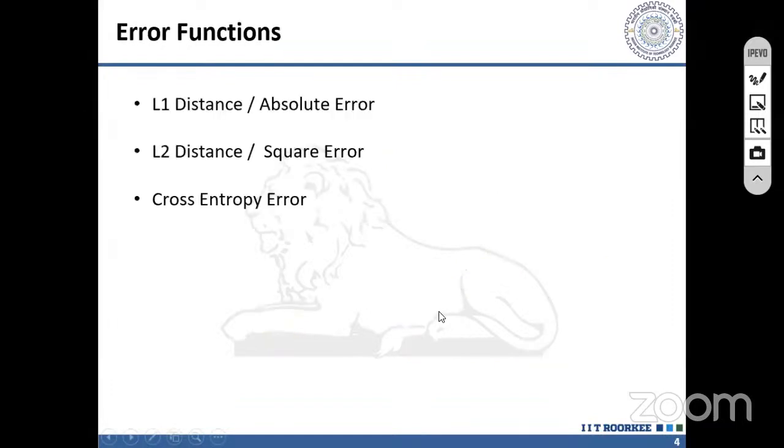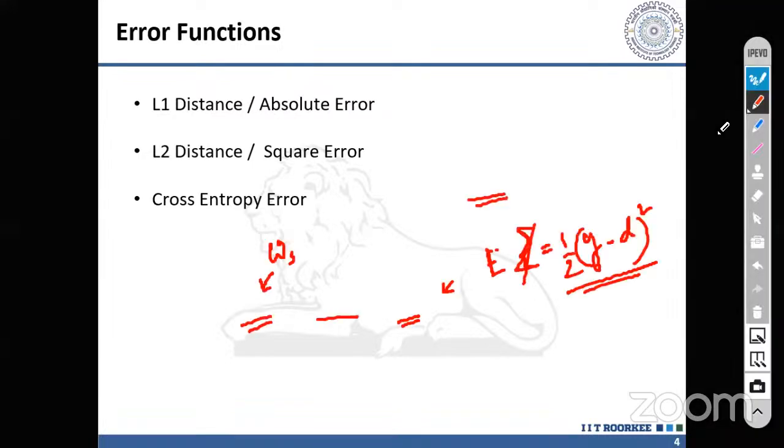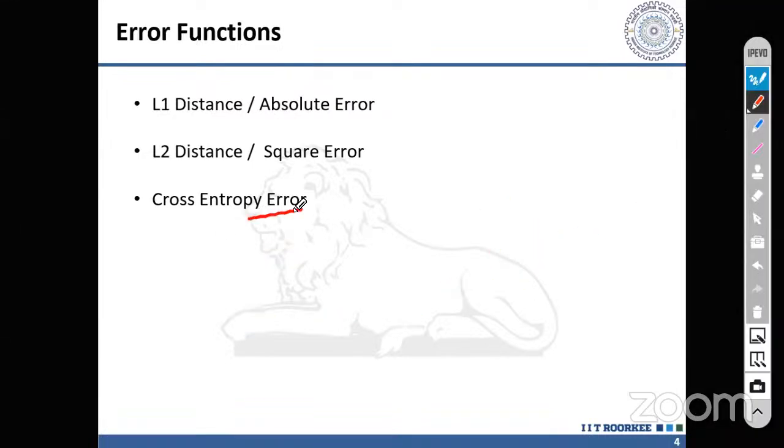Now there are different kinds of error functions. Sometimes we talk about L1 distance or absolute error. Sometimes we talk about squared error. Sometimes we talk about cross entropy error. Absolute error or squared error are used in regression, and cross entropy error is used for categorical output, or when you go for classifications.